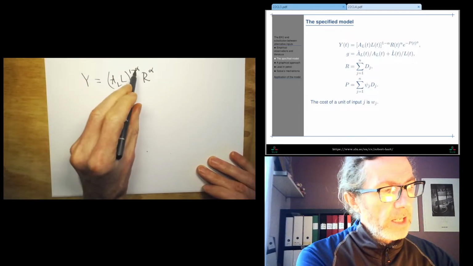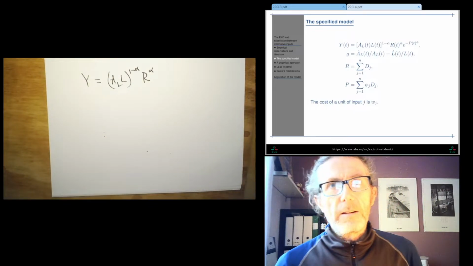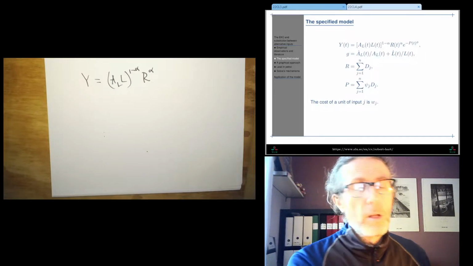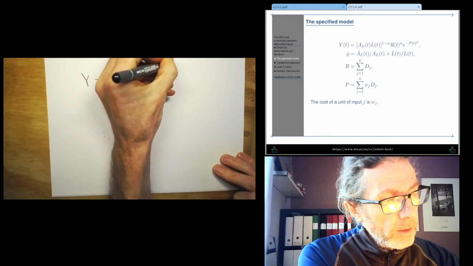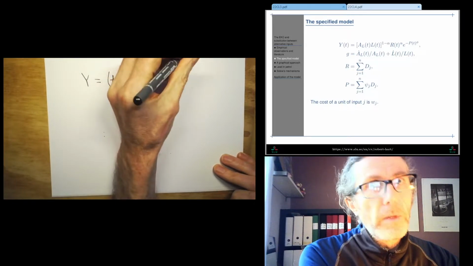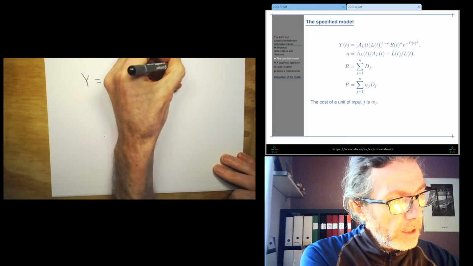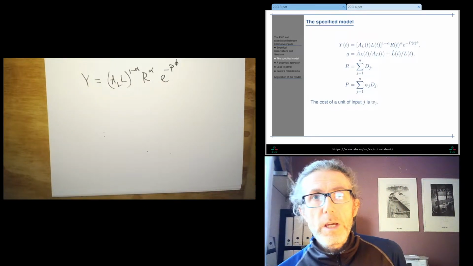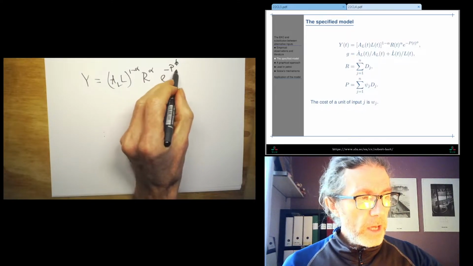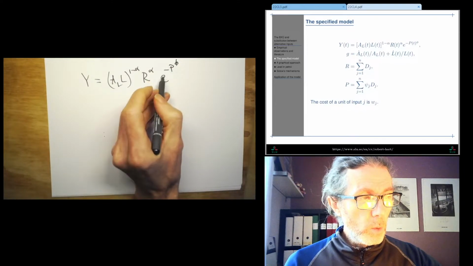We've got y is ALL to the 1 minus alpha, r to the alpha. So that's the same model we've had before, but we're then saying multiplied by e to the power of minus p to the phi, where p is pollution flow. So if p is 0, this is 1, right?